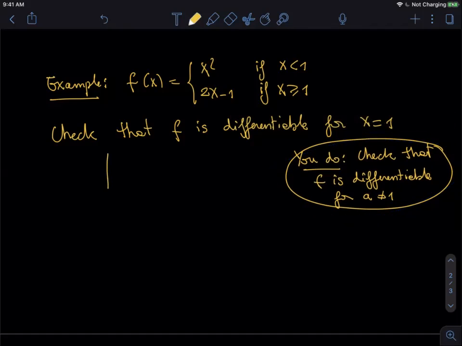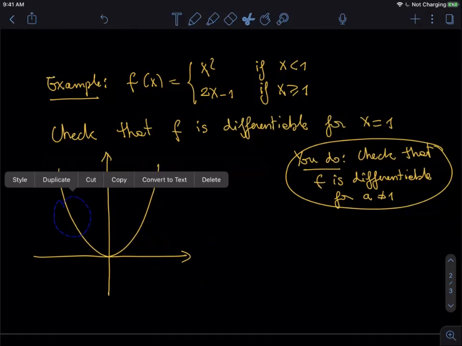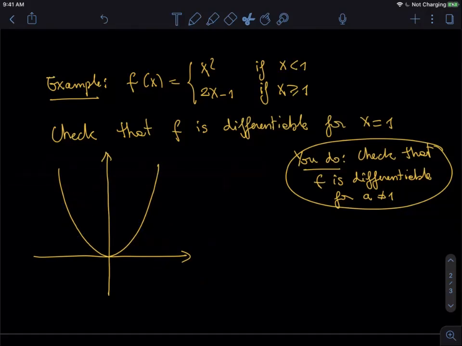Now, how does this function look? Let's plot it. So x squared is just the parabola, right? So this is x squared.